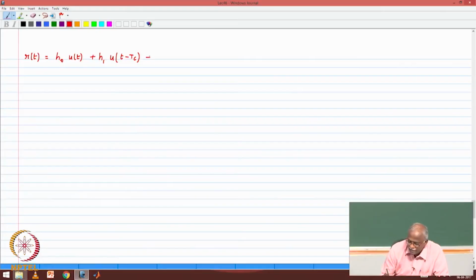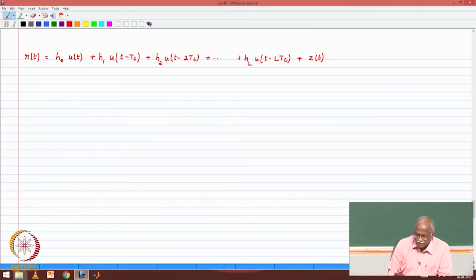So that makes it very convenient for us to represent H2 of U of T minus 2Tc, dot dot dot, plus H subscript L U of T minus LTc, plus Z of T. Now the task for us is to build an optimum receiver.